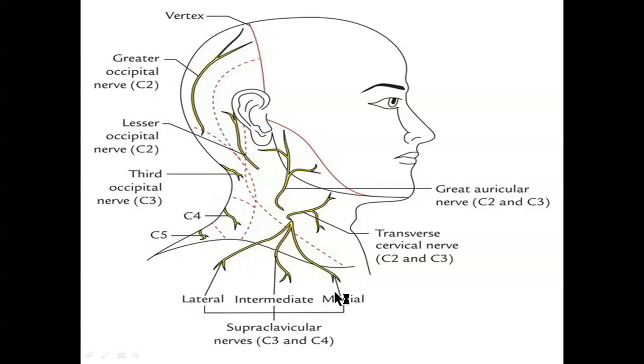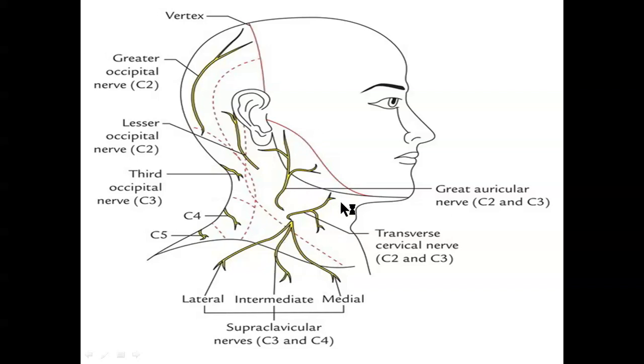So we must divide the clavicle into three parts: medial, intermediate, and lateral. These all three nerves are coming anterior to your clavicle. This is the point to be remembered.